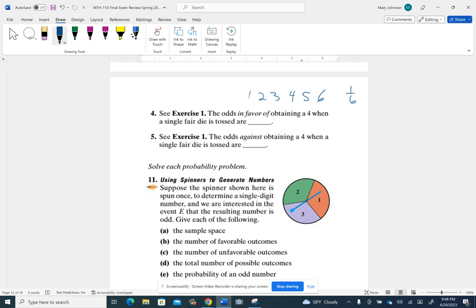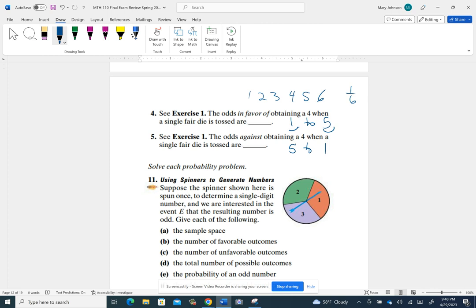Odds in favor of getting a 4 would be 1 to 5. So getting a 4, and then it's favorable to unfavorable. So getting a 4, not getting a 4, okay? The odds against obtaining a 4 when a single fair die is tossed would be 5 to 1, okay?